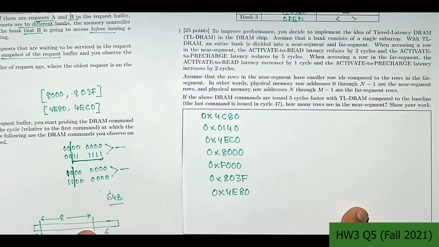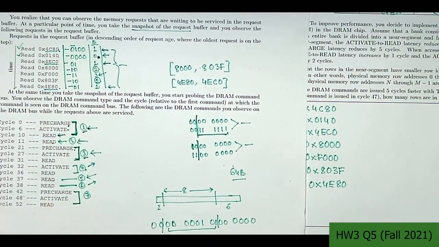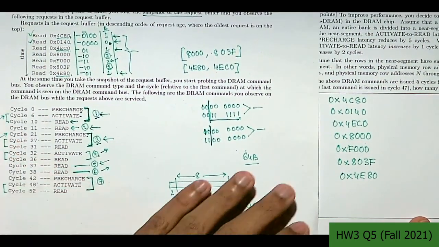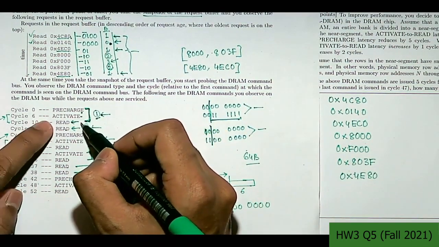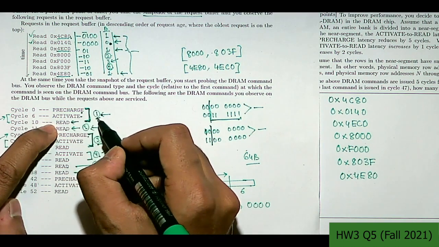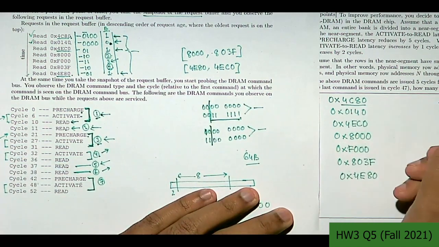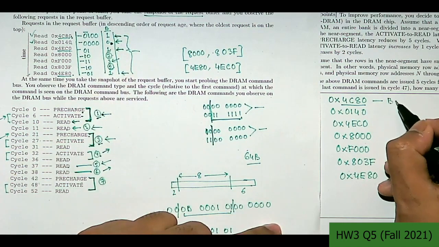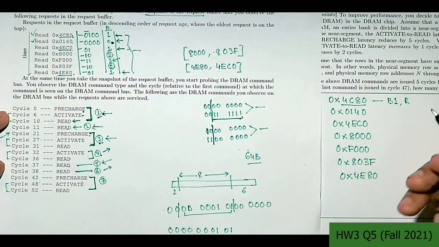Okay, now let's see. Can I show this side by side? Yeah, that's possible. So now let's say this is a precharge, activate, and the read command, right? Let's see this activate is happening to which bank and which row. This activate is definitely for this guy, so this is bank number 1 and the row number, we need to calculate the row.